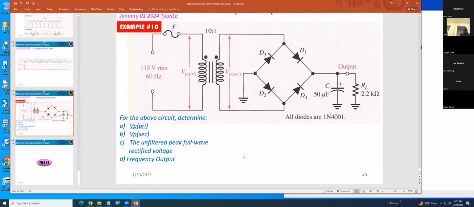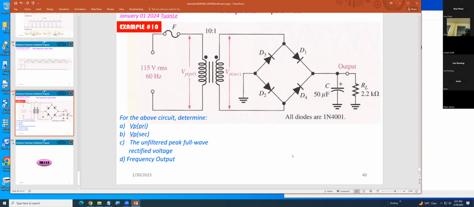Okay, so if you get any questions... Next time, we will start with the transistor. Try to go through the handout to make sure you're reading it and you're able to follow it.